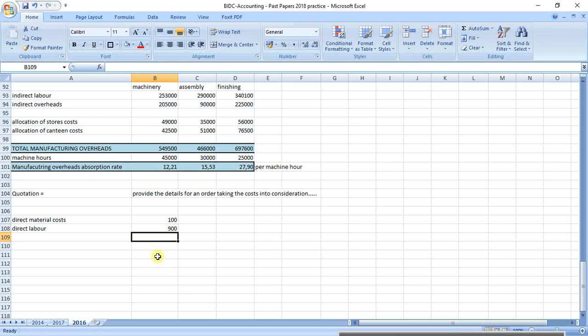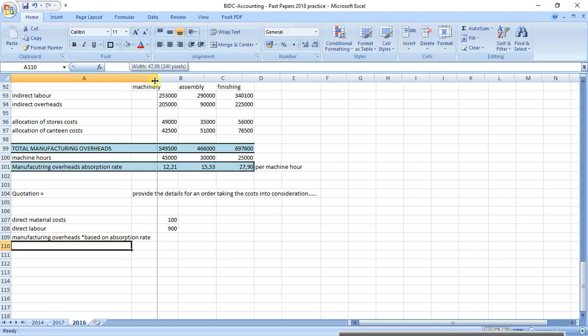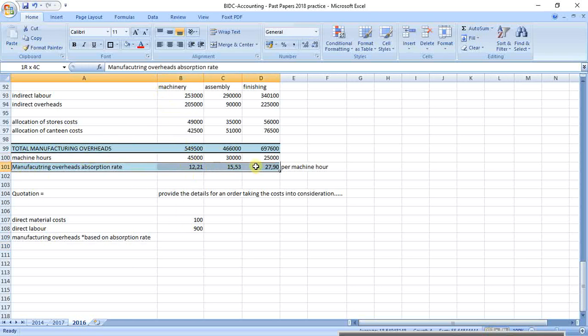Then we need manufacturing overheads, based on absorption rates, because those departments still have other costs.